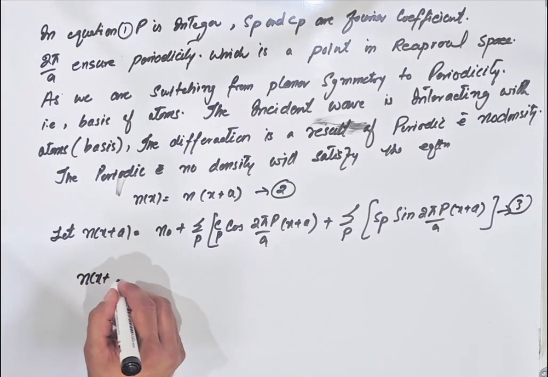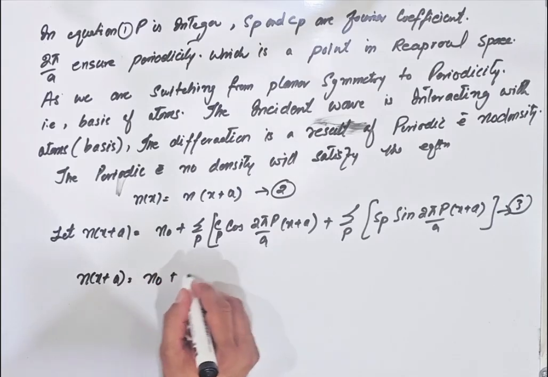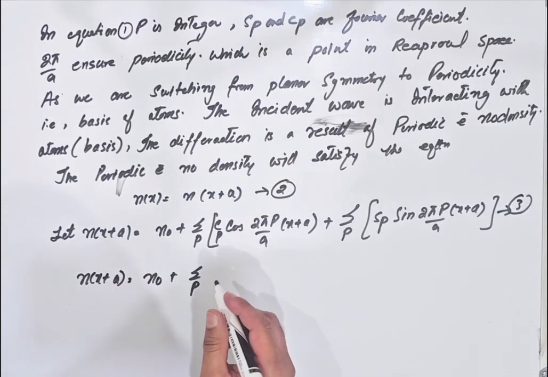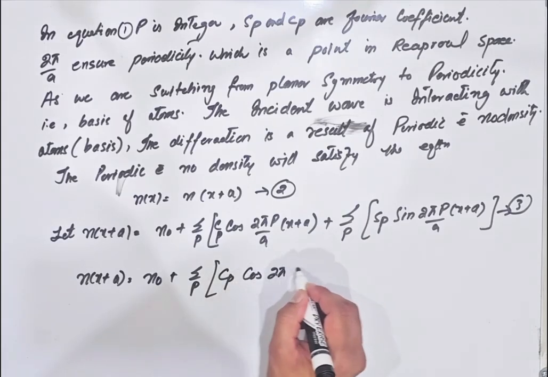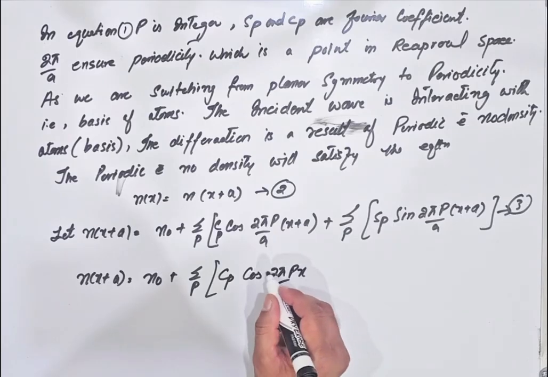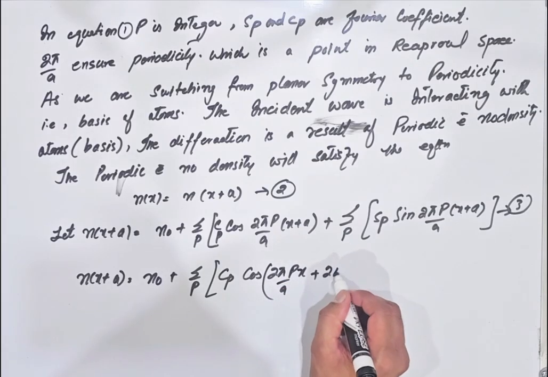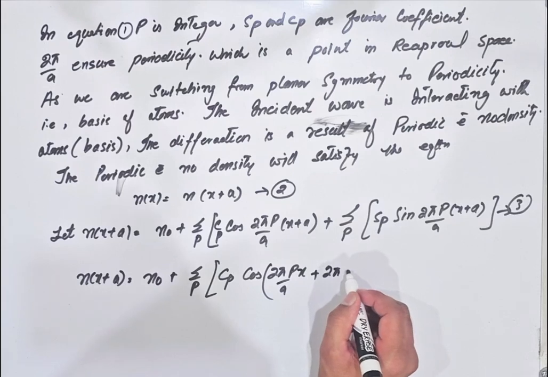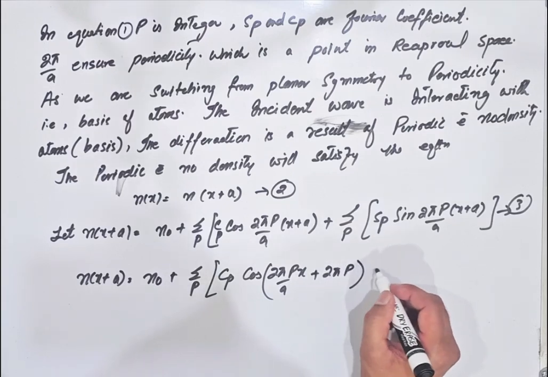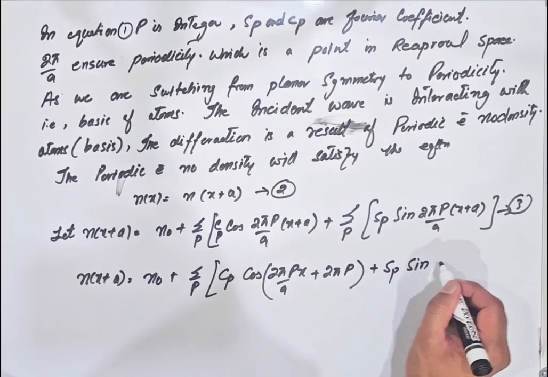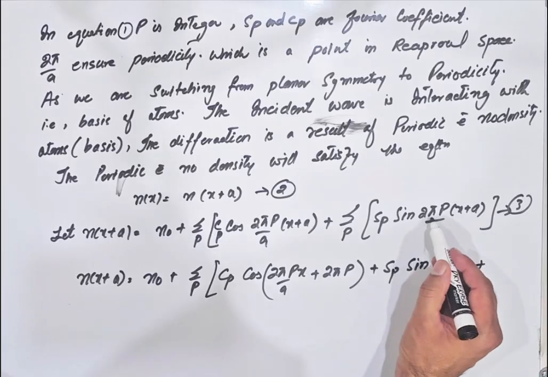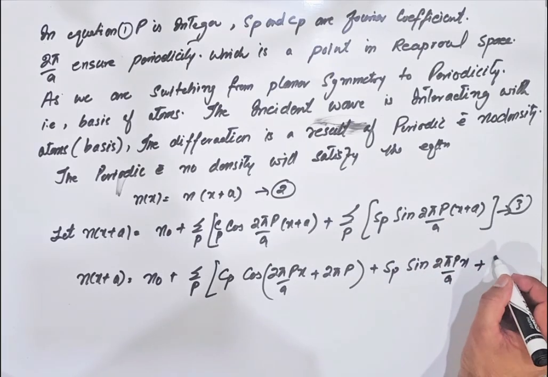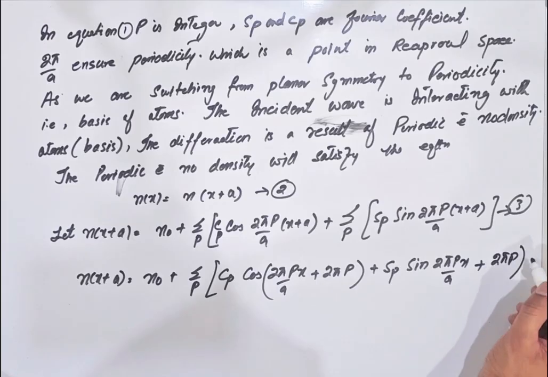So n(x plus a) is n naught plus summation over p of cp cos of 2 pi p x by a plus 2 pi p, plus sp sine of 2 pi p x divided by a plus 2 pi p a divided by a, which is 2 pi p. This is equation 4.